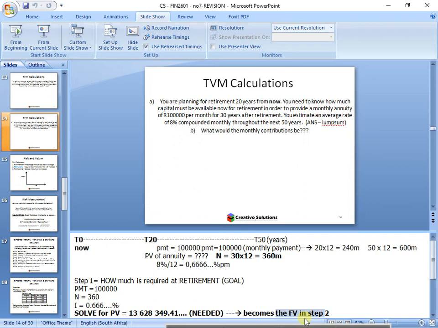That's the retirement goal. Step 1 is to know how much you need at retirement. But where's your answer for A? The lump sum isn't here yet. I'm looking at the 0.66.